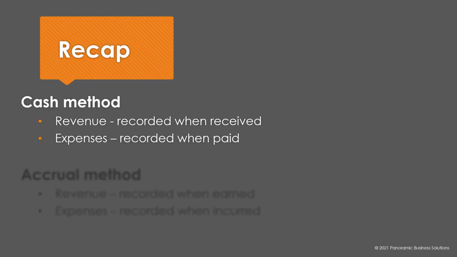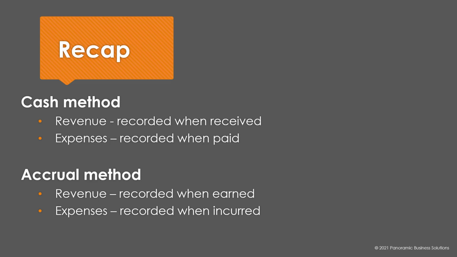Under the cash method, you're recording transactions in your accounting system. You are reviewing reports based on transactions that have actually gone through your bank account. And so revenue is recorded when you actually receive the payment from the customer. Expenses are recorded when you actually pay the vendor.